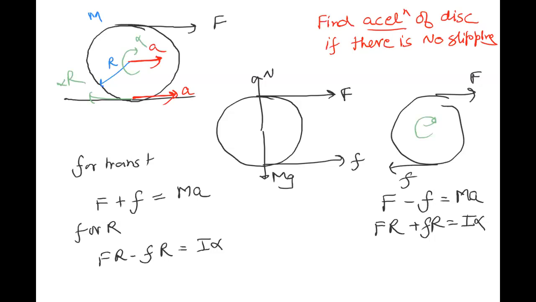Therefore, the net acceleration of this point is A minus R alpha, but this acceleration should be equal to the acceleration of the point of contact of the surface, which is equal to 0.